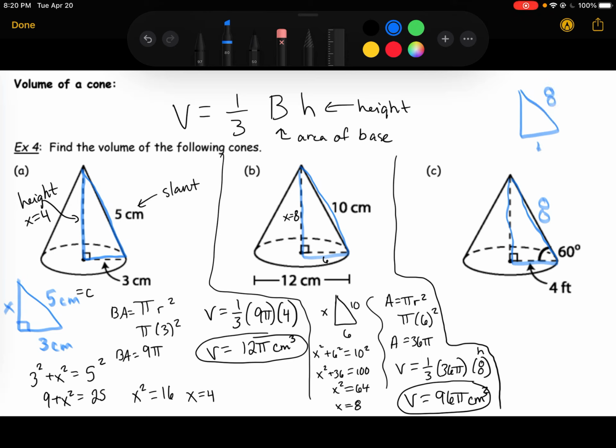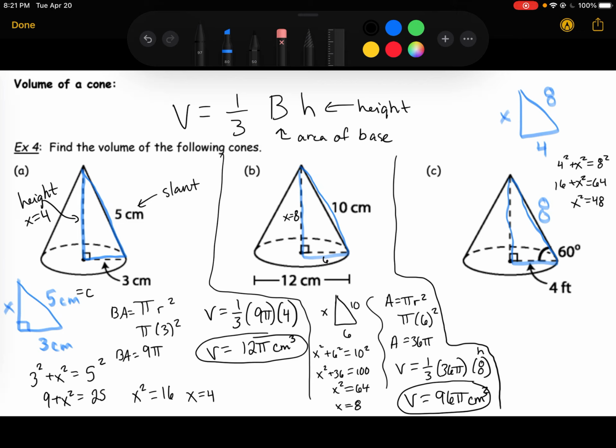All right, for our last one, remember from our previous question that we had actually solved for our slant height. We identified the slant as 8. So once more, jumping in here, we have 8, we have 4, and we need to solve for x. So some more Pythagorean Theorem practice. So 4 squared plus x squared equals 8 squared. 16 plus x squared equals 64.